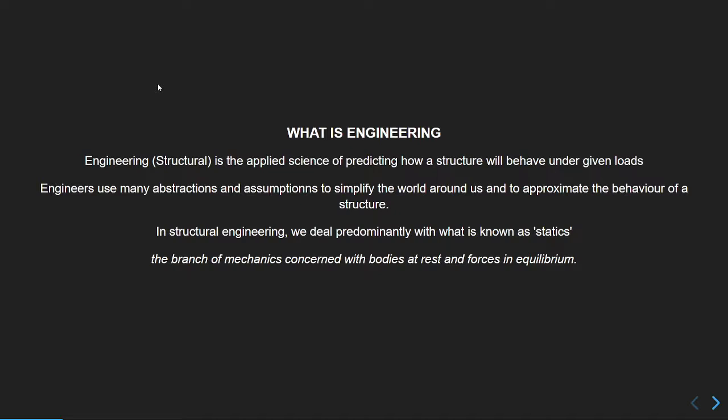Engineers use many abstractions and assumptions to simplify the world around us and to approximate the behavior of a structure. In structural engineering, we deal predominantly with what is known as statics, and statics is the branch of mechanics concerned with bodies at rest and forces in equilibrium. And we'll talk about equilibrium in a moment.